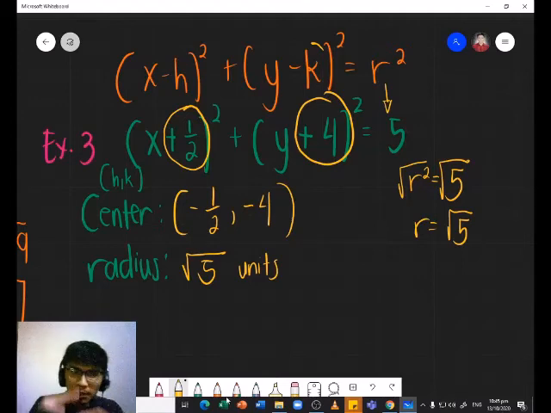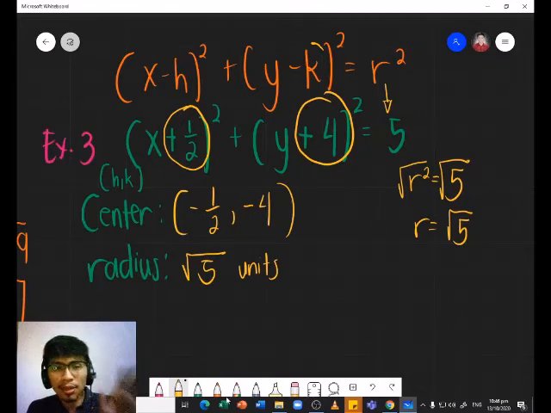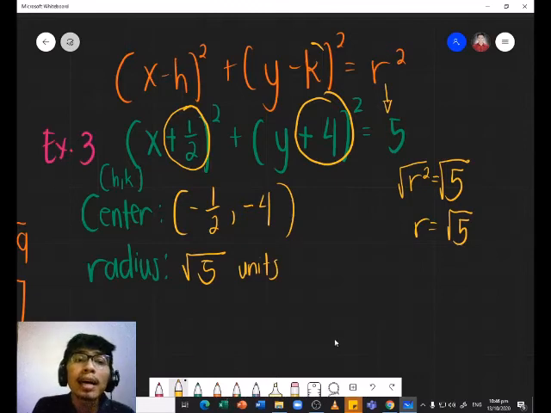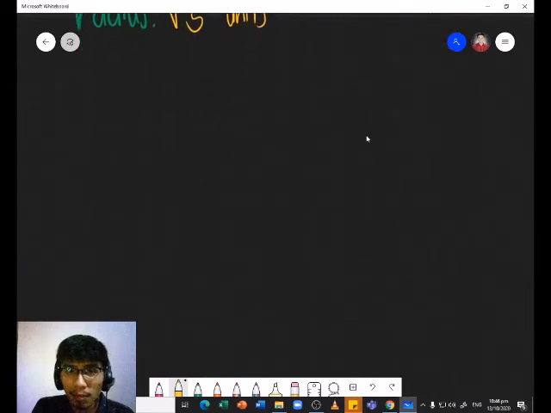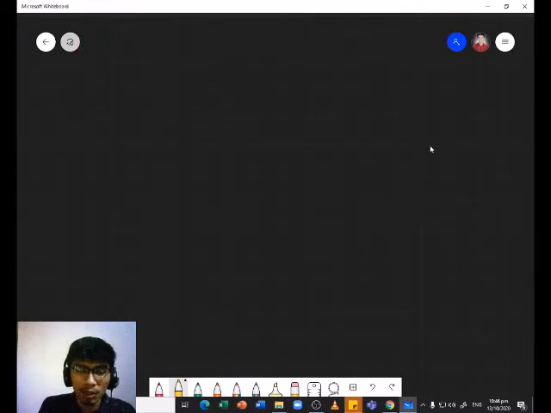Now, for example number 4, let's try to have a vice versa. What if the given is the center and radius, and how are we going to identify the standard form or the center radius form? Okay, let me show this one to you. This is now our example number 4.